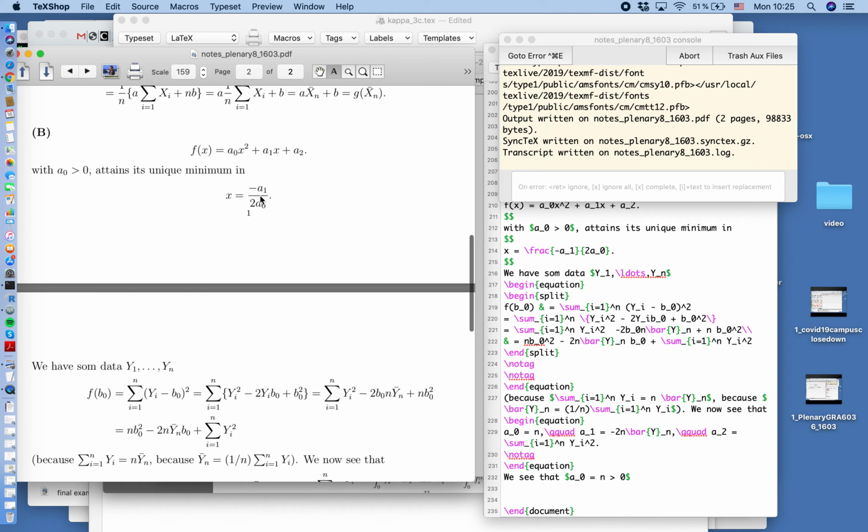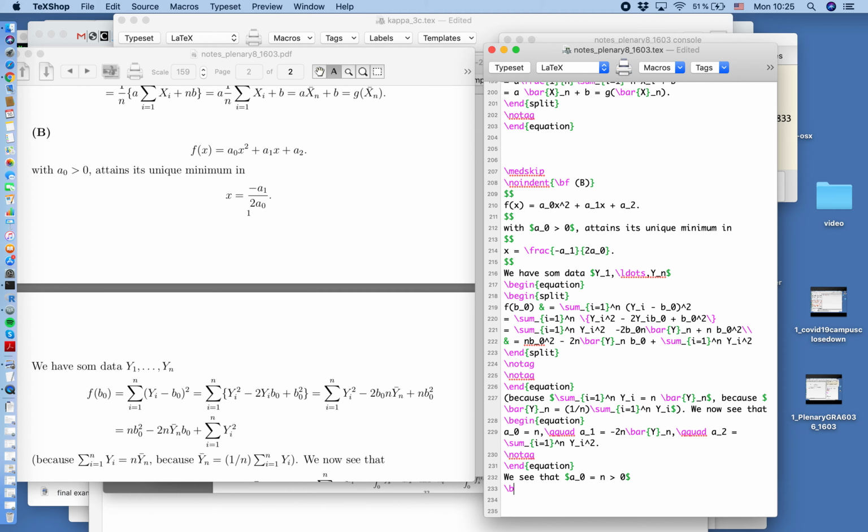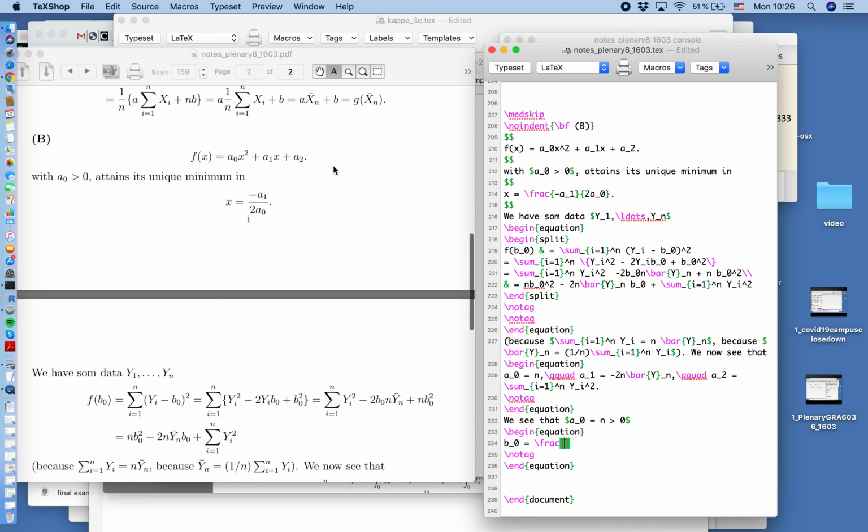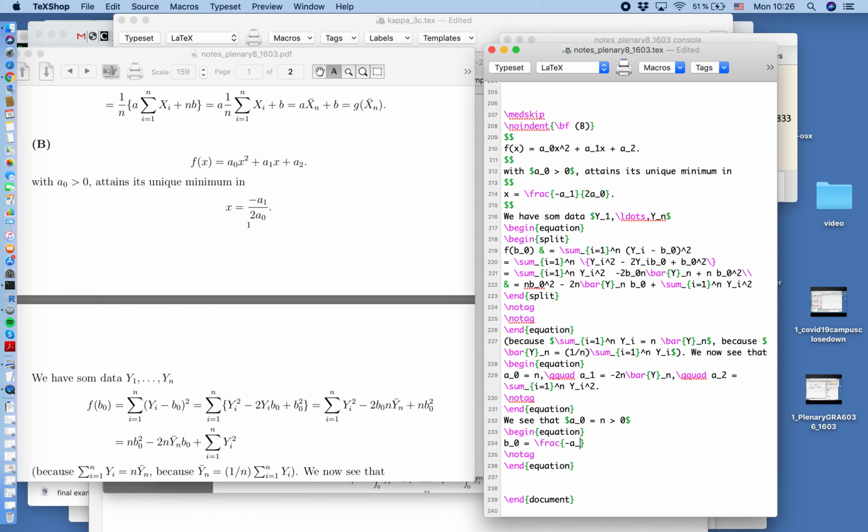Now we can use this formula to find the minimizer of this function. Remember that x corresponds to b0. We use this formula to find the answer that you knew already: minus a1 divided by 2 a0.